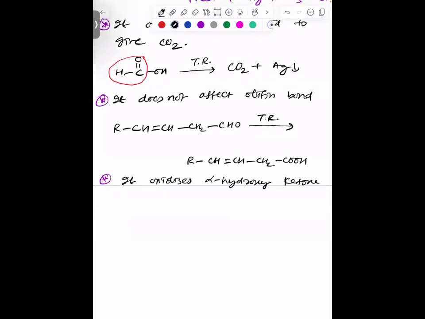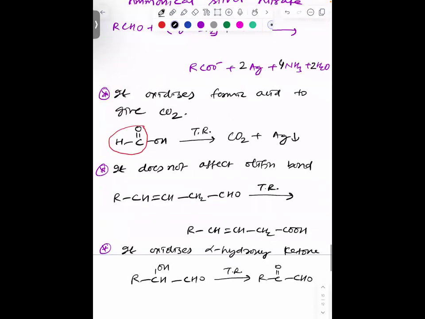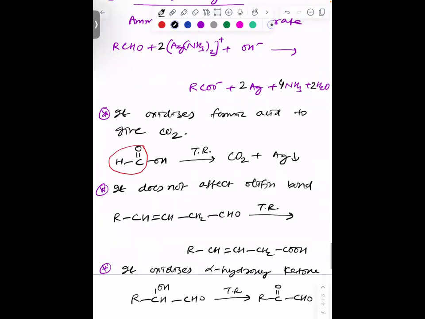Last year, in 2025 JEE Main, this was asked. So if you are going to take Tollens reagent, this is the reaction. So quickly note down this. Then we will go next.